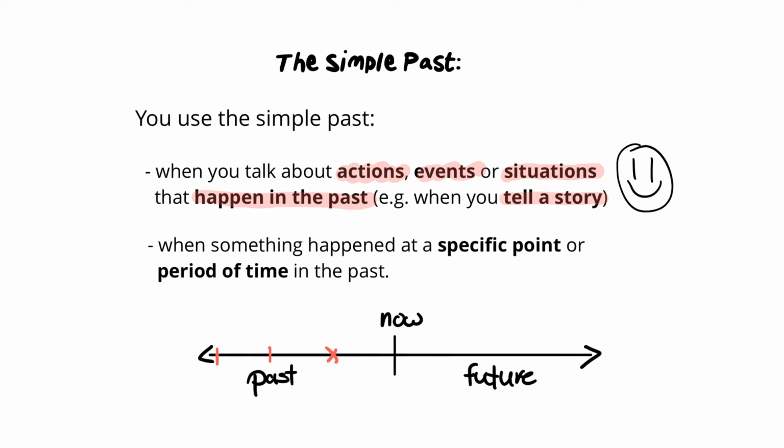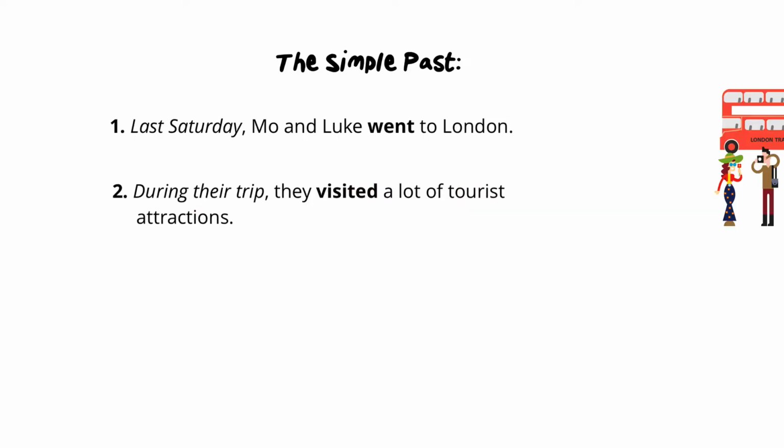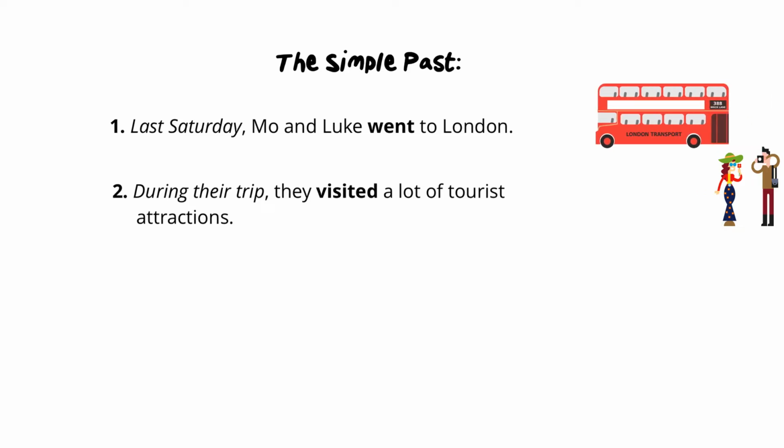So when you use the simple past, you express that something happened at a specific point or period of time in the past. Let's have a look at two examples. First, last Saturday, Mo and Luke went to London.